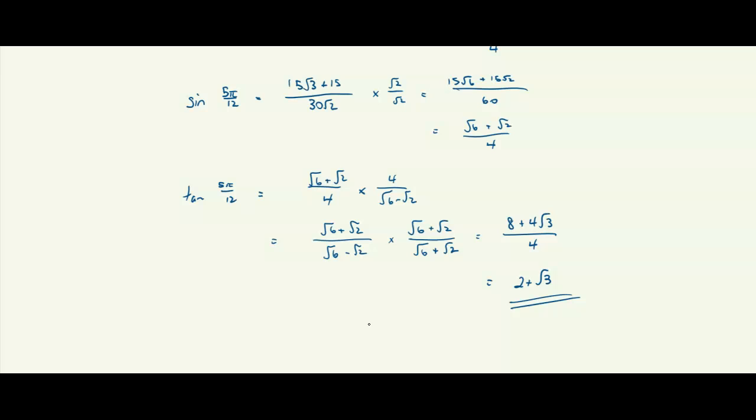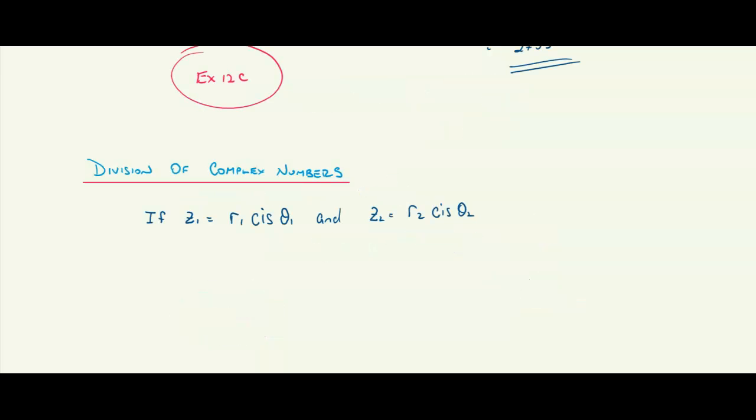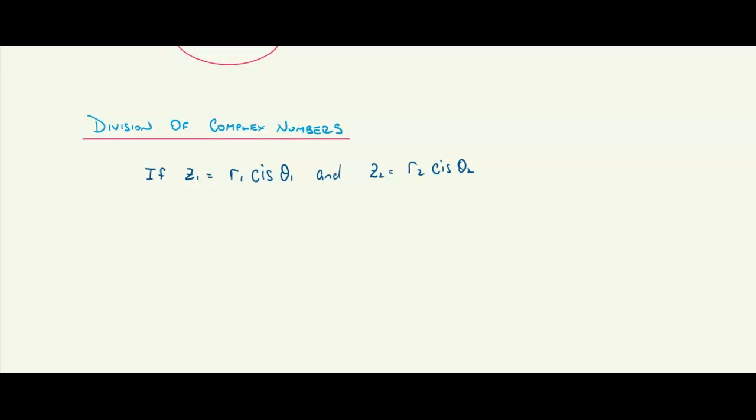Now you can go ahead with exercise 12C and complete that exercise. Okay, we're now going to look at division of complex numbers. Here's our Z1 and Z2 in their general format. Now recall that Z1 times Z2 will equal, multiply the moduli and add the arguments.